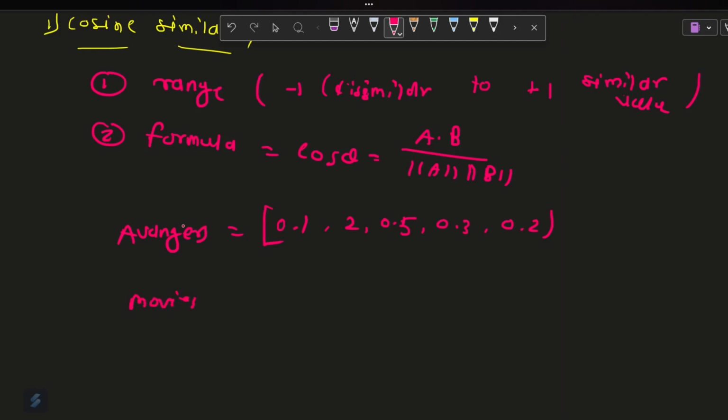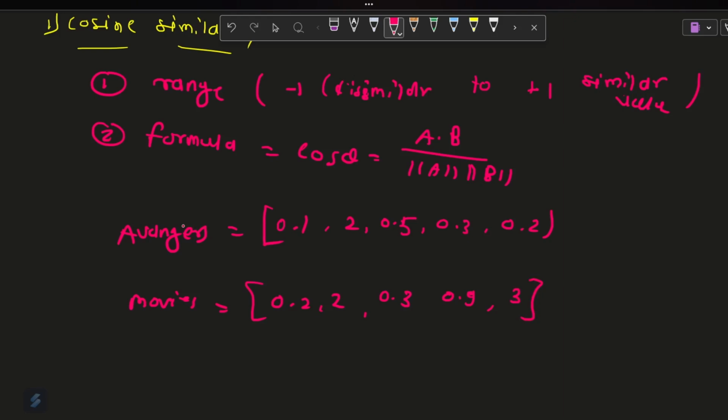Another movie has ratings like 0.2, 0.9, and 0.3.